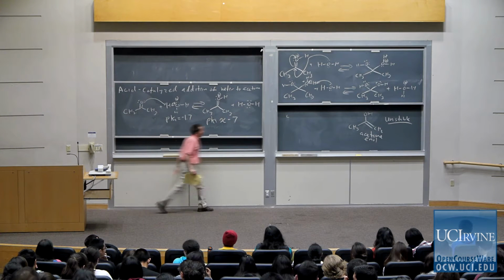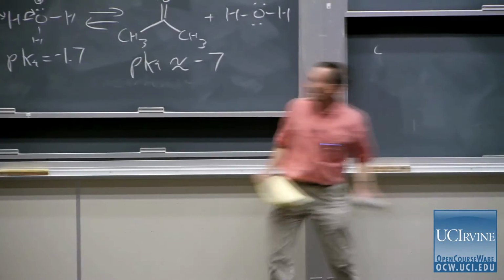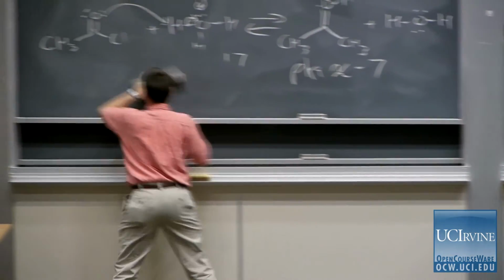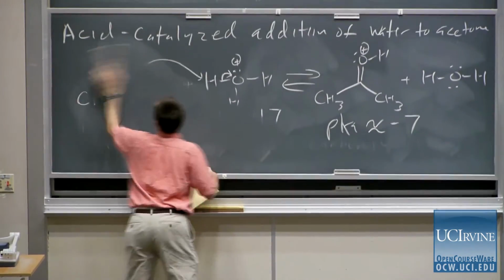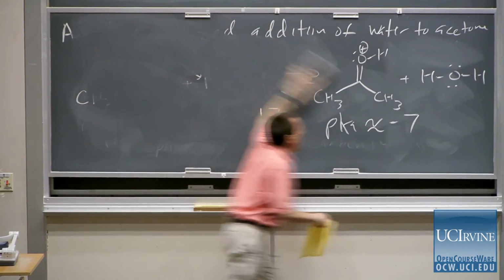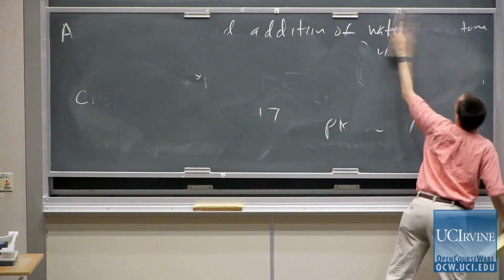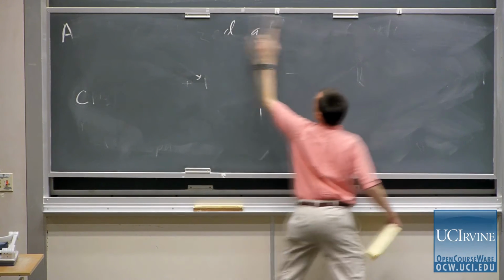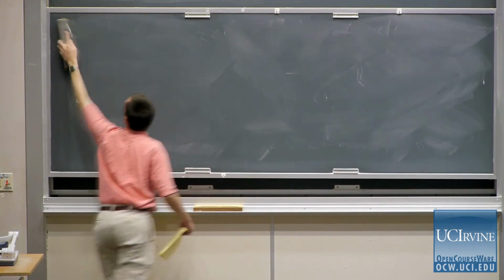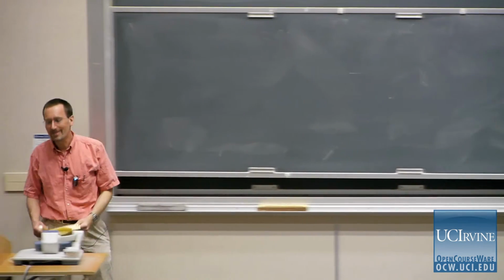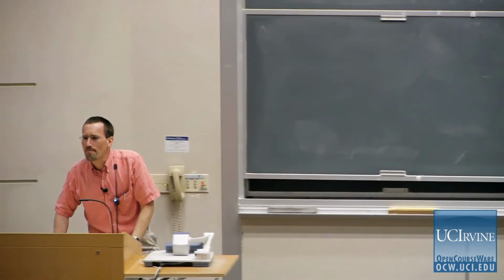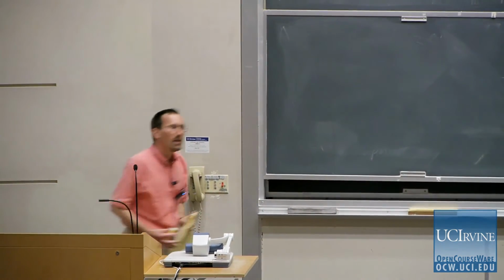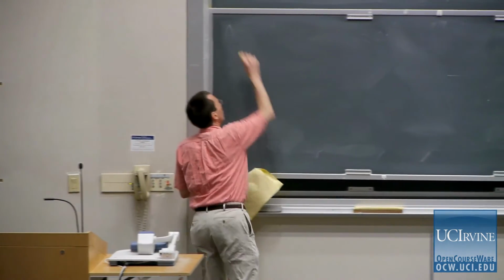All right. Well, there's something else that's very, very cool about this reaction. And we know it's an equilibrium. So we know that there's a reverse reaction. Equilibria have forward or reverse reactions. And I want to give you a big, big overarching principle here.